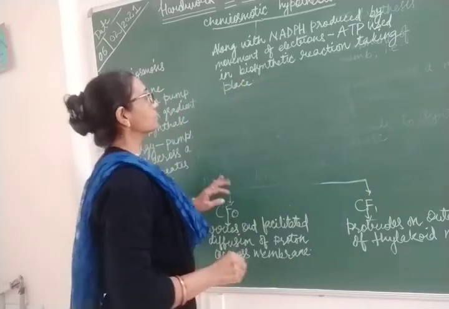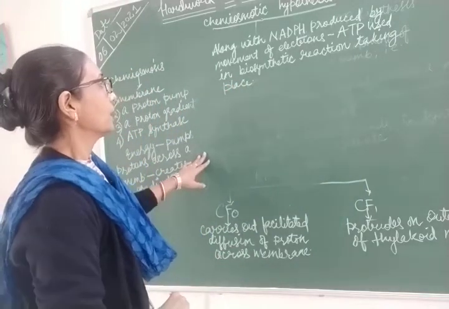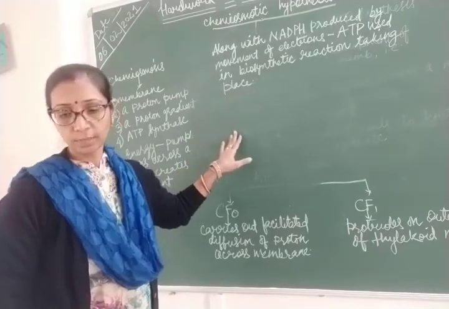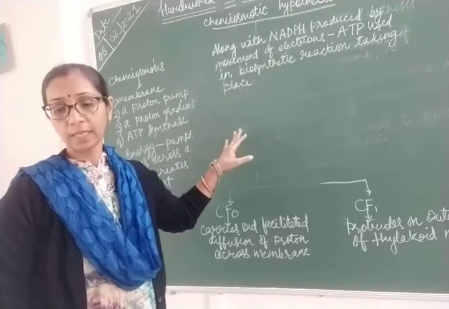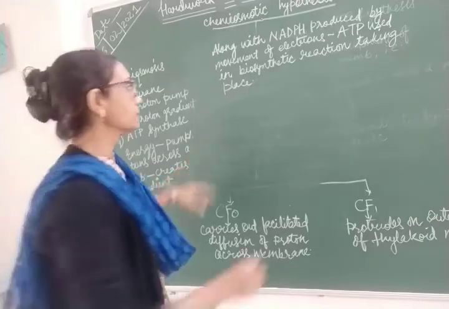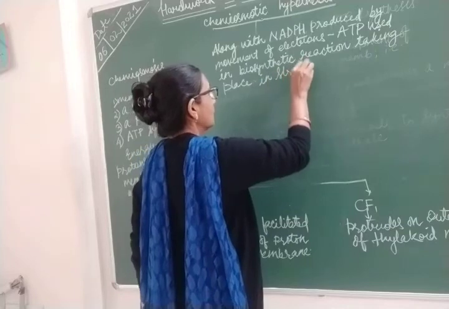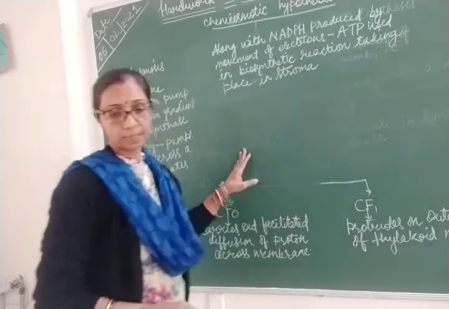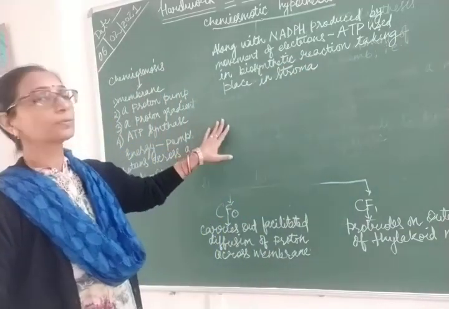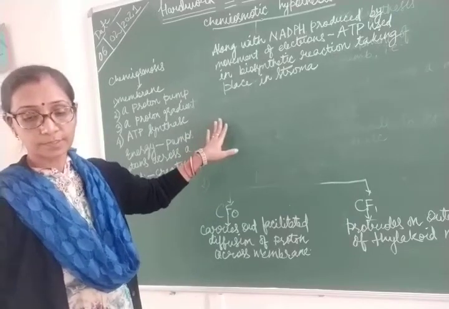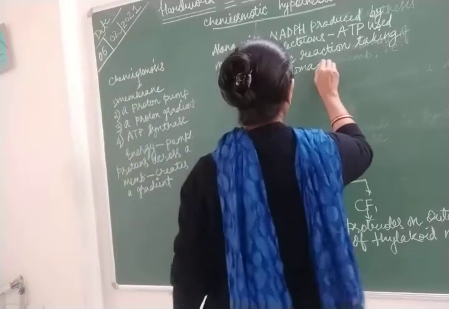ATP is produced by the movement of electrons. ATP is also used in the biosynthetic reaction that is taking place in the stroma, and this is responsible for carbon dioxide fixation and synthesis of sugars.